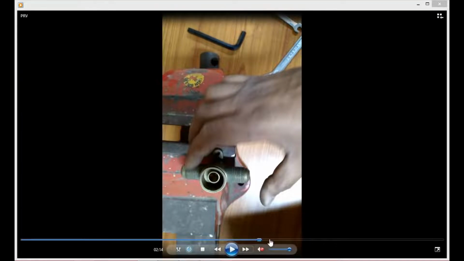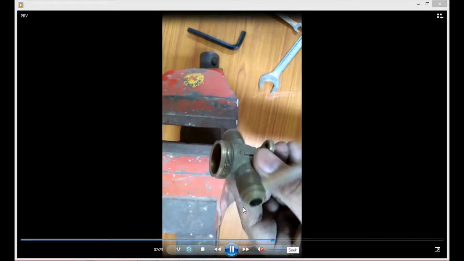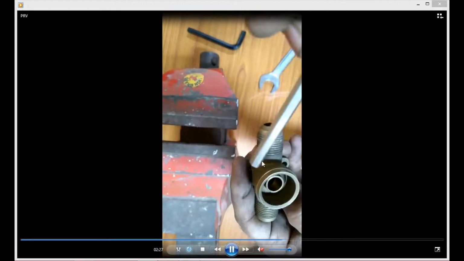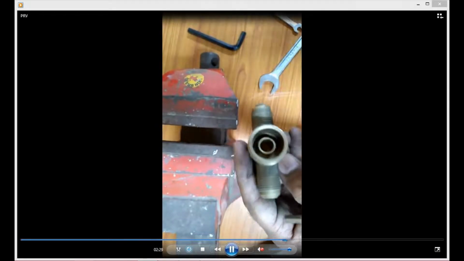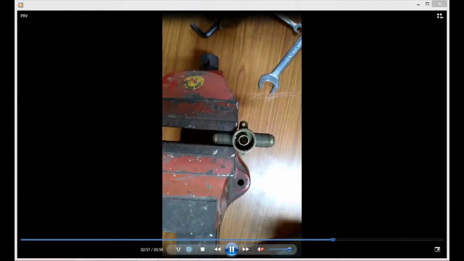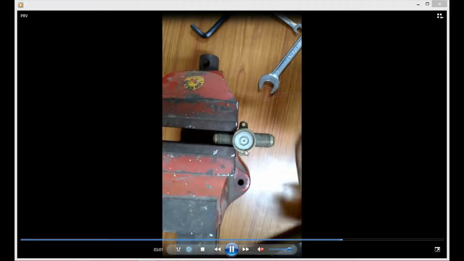Then how to assemble it? The same theory you can apply; the process is the reverse. The direction is given, input and output. This is for the input and this is for the output. Again you can fix it, then insert the pressure seat valve, then again insert the spring, right?